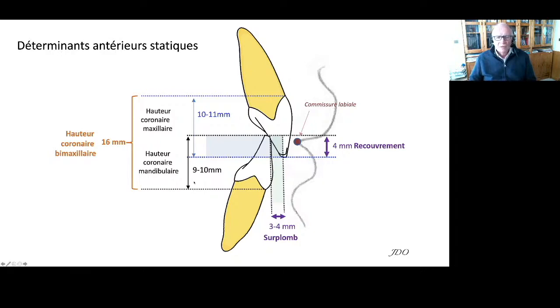The mean height is classical. We need 4 millimeters of overbite. 2 millimeters is insufficient to have an open guiding system. We need 3 or 4 millimeters of overjet. Absence of overjet is anterior interference.